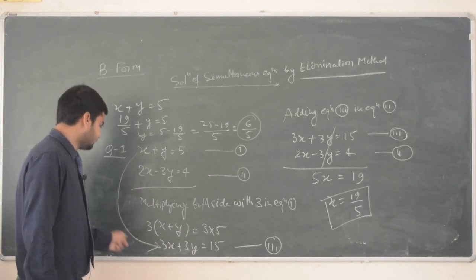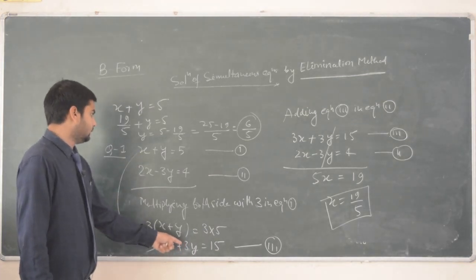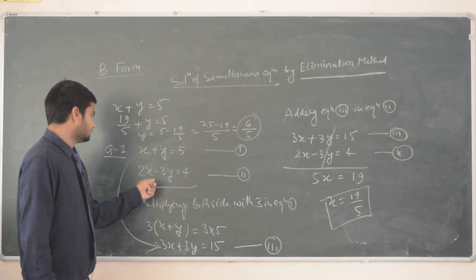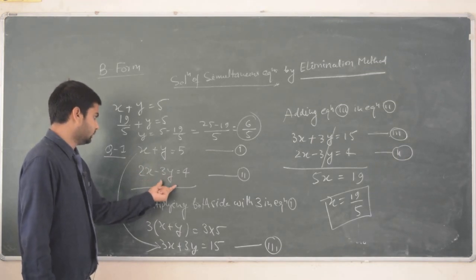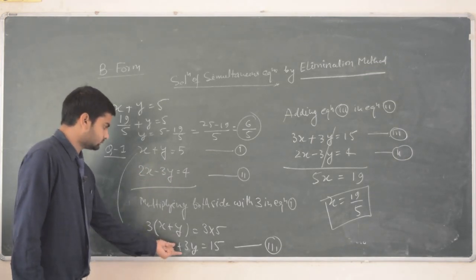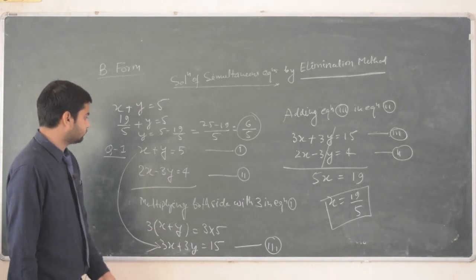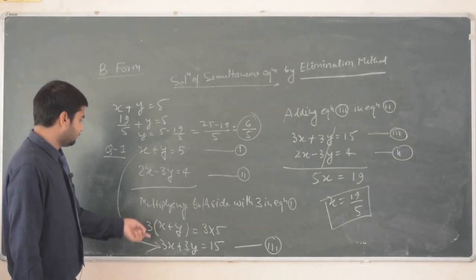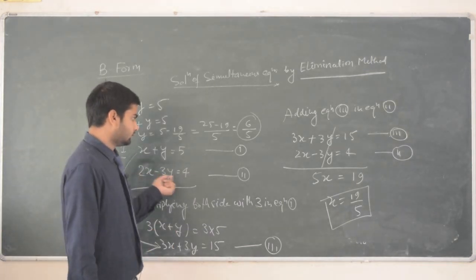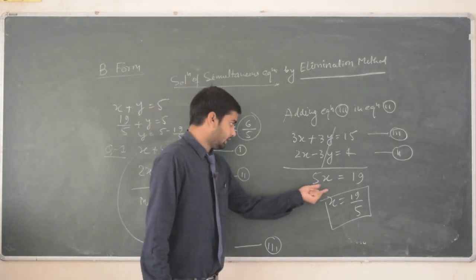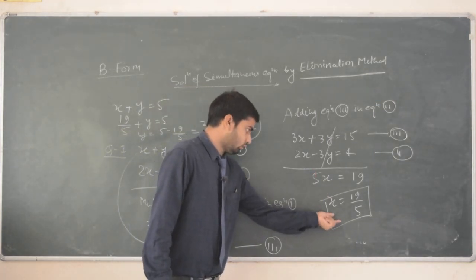Now we transformed our equation 1 into equation 3, and equation 2 is 2x minus 3y equal to 4. If we add equation 2 and equation 3, y is eliminated, so that we can easily calculate an equation in one variable, and by solving this we get the value of x.